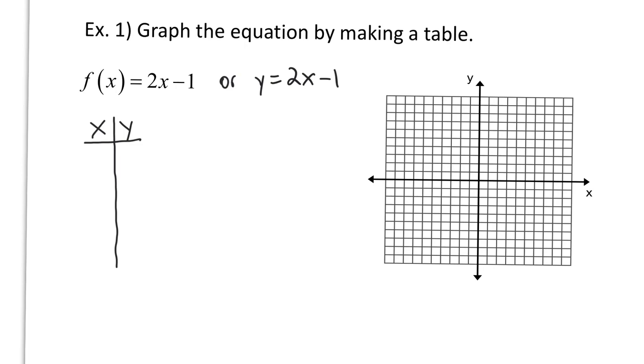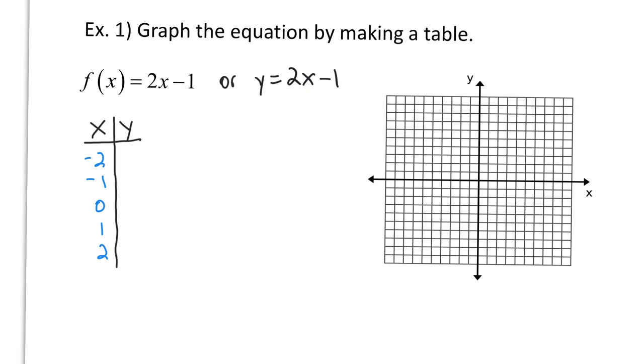The direction of the table doesn't matter as long as you pay attention to the x values and the y values. So notice I have the t-table. Now I'm going to choose my x values, my inputs, and I'm going to look for my outputs, the y values, so I can graph the ordered pairs. The numbers that I like to use are -2, -1, 0, 1, and +2.